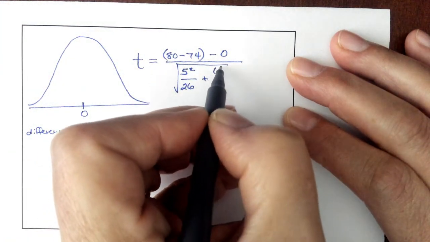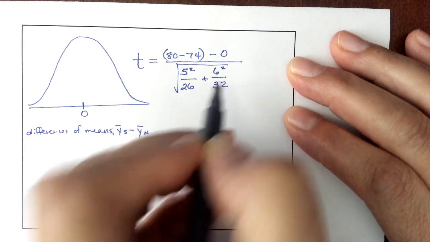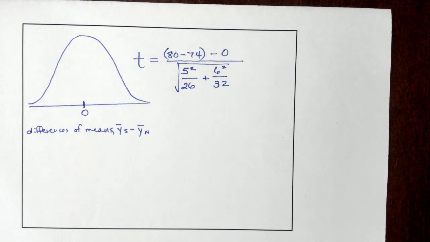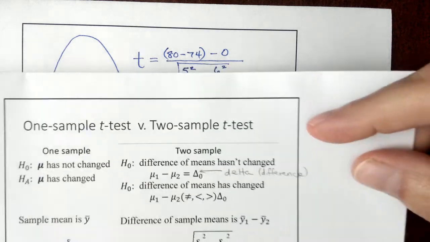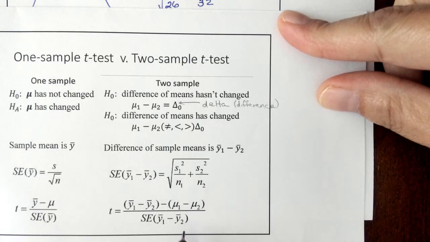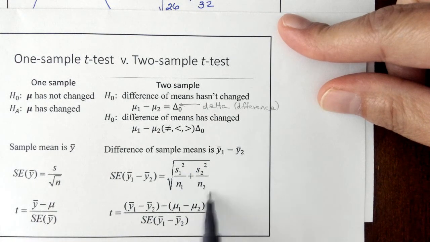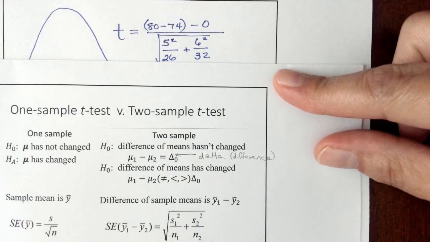That was 6, squared, over the sample size for non-smokers, which was 32. You do have this formula on an earlier page of your notes. So just a quick peek at that. If you go back and look at this earlier page of the notes, here's your formula right here. The difference of the observed means minus the difference from the null hypothesis over the standard error. And the standard error formula is here. And you kind of squish it all together to make your formula.